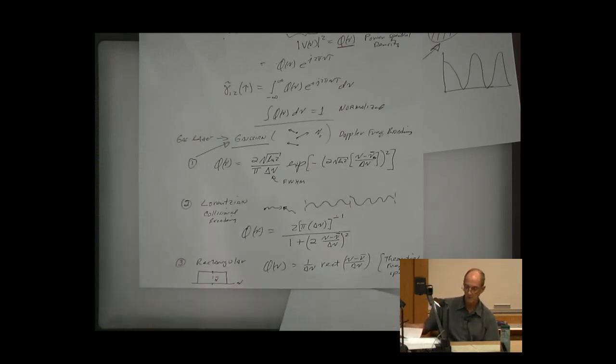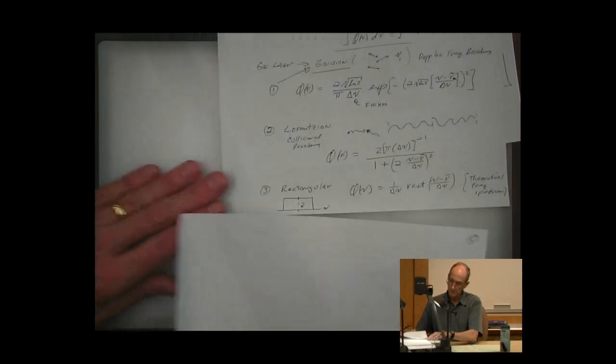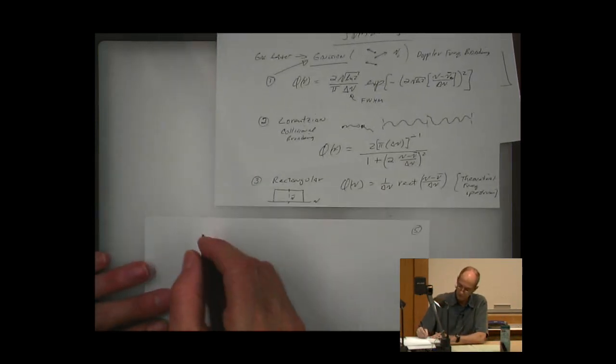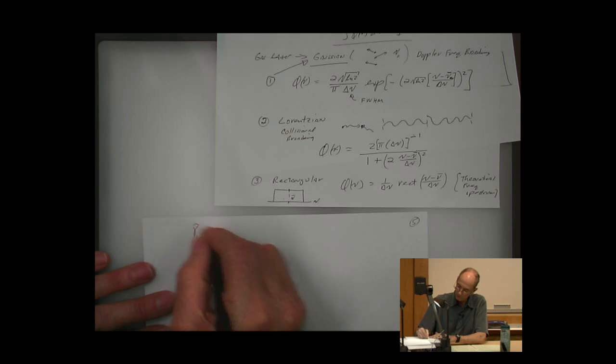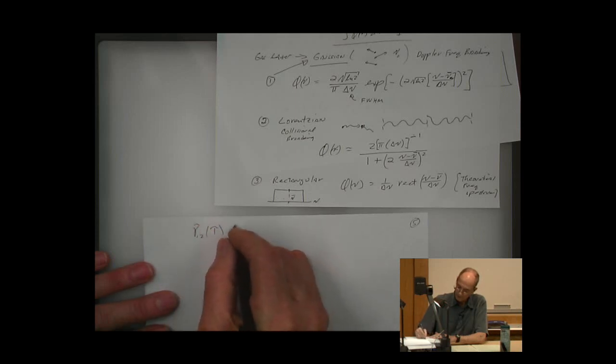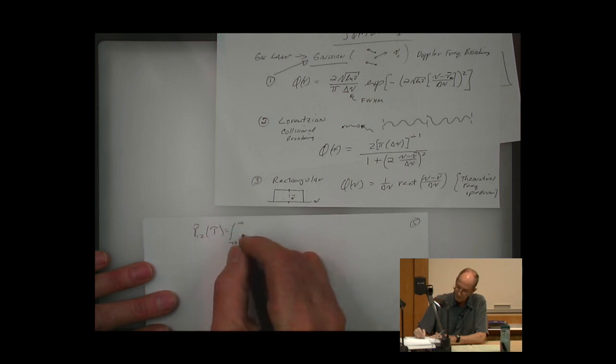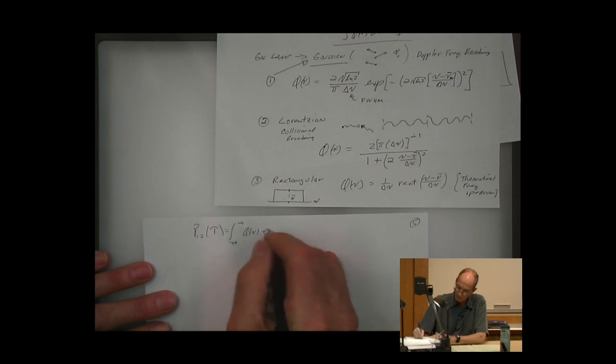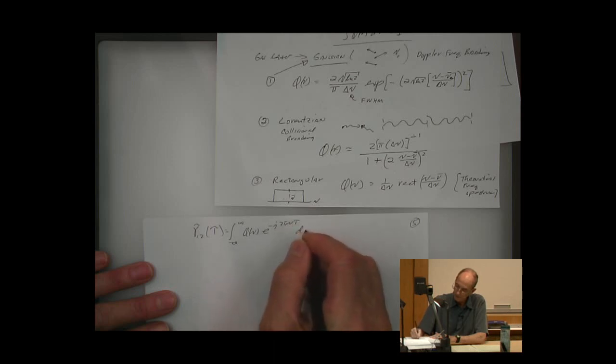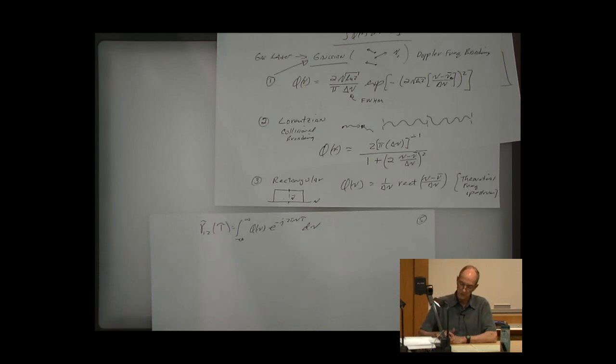So what we have to do is gamma 1, 2 of tau is the integration of phi of nu e to the minus j 2 pi nu tau d nu, which is basically a Fourier transform.